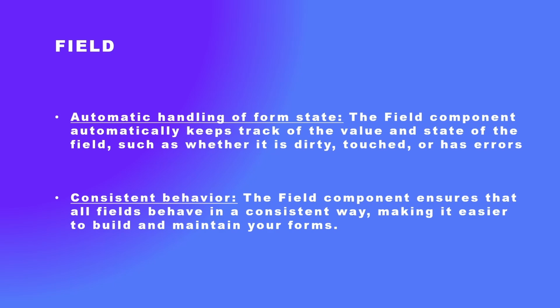For consistent behavior, the field component ensures that all the fields behave in a consistent way, making it easier to build and maintain your forms. So with field we can implement every input easily, and we can maintain the common behavior.